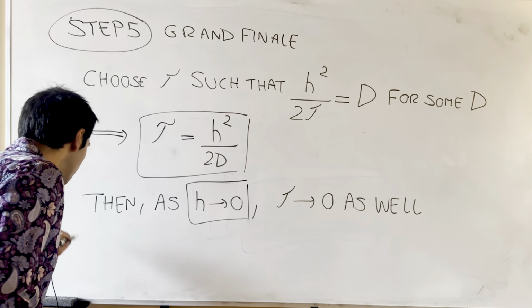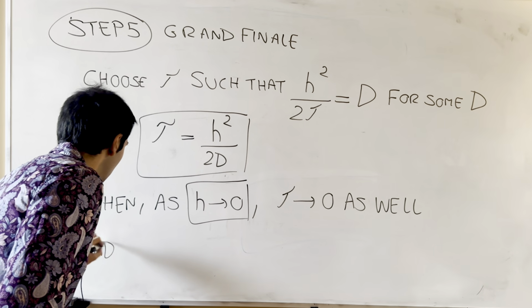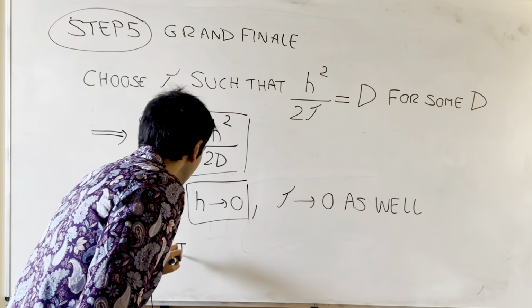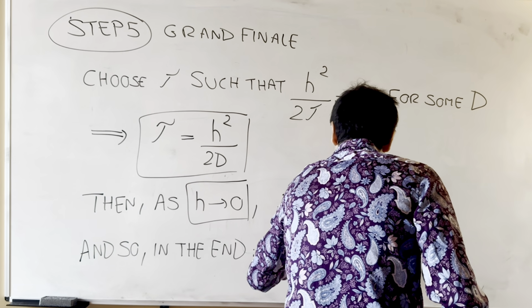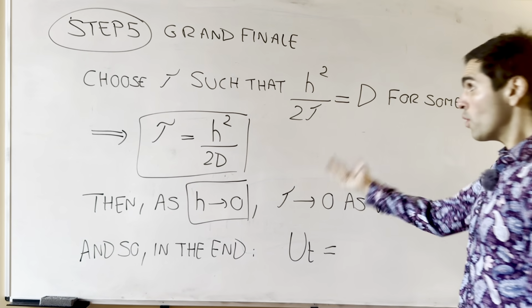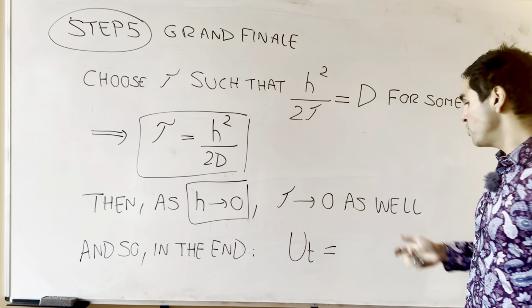And so what we obtain in the end is u_t equals that weird limit times u_xx.